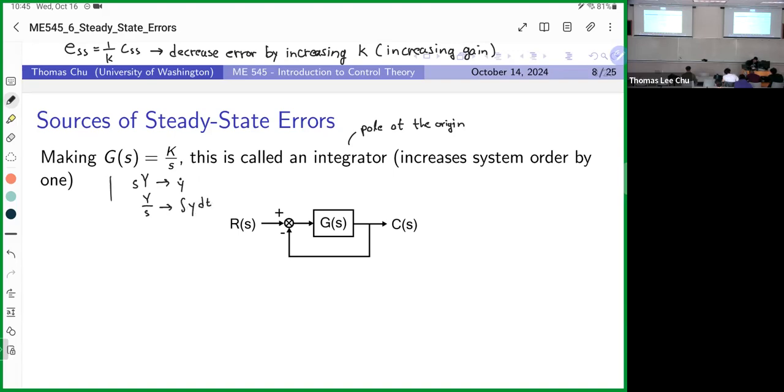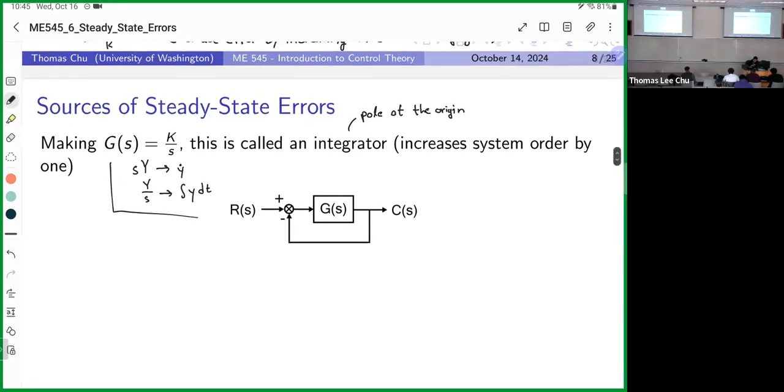Just a little side note, that's why we call it an integrator. So adding an integrator is going to increase the system order by 1. This makes it a type 1 system now.